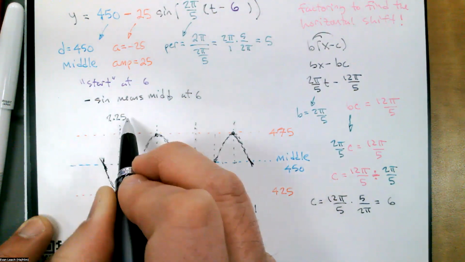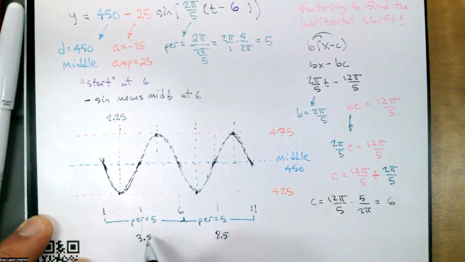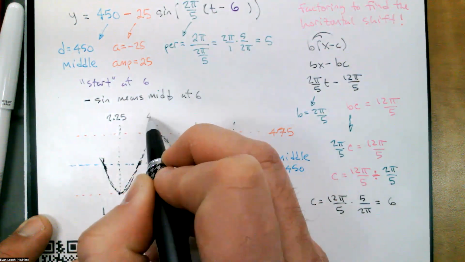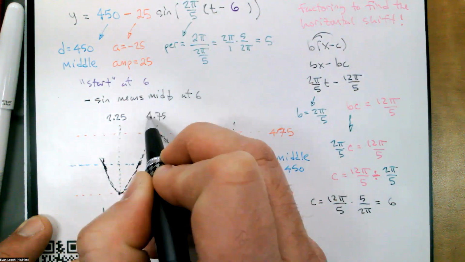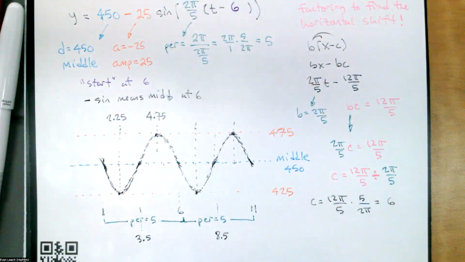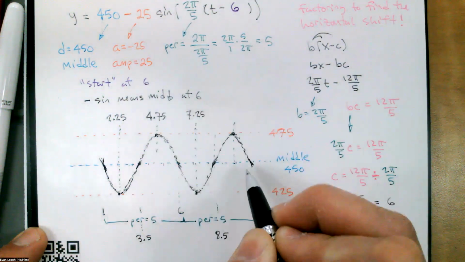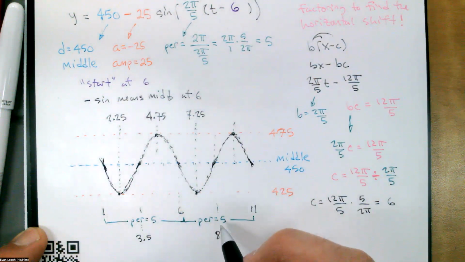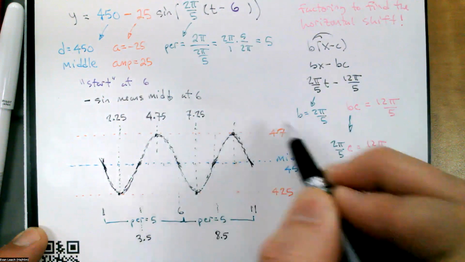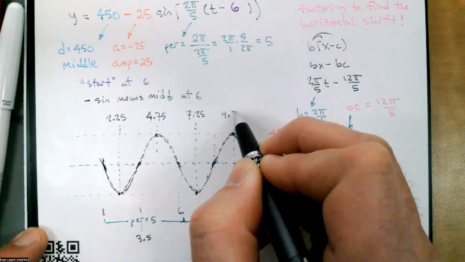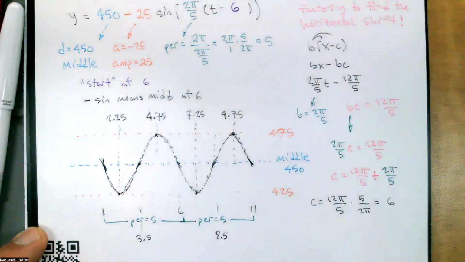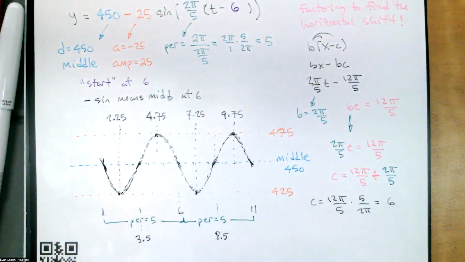Plus 1.25 is 3.5. 3.5 plus 1.25 is 4.75. 4.75 plus 1.25 is 6. 6 plus 1.25 is 7.25. Plus 1.25 is 8.5. Plus 1.25 is 9.75. Plus 1.25 again is 11.